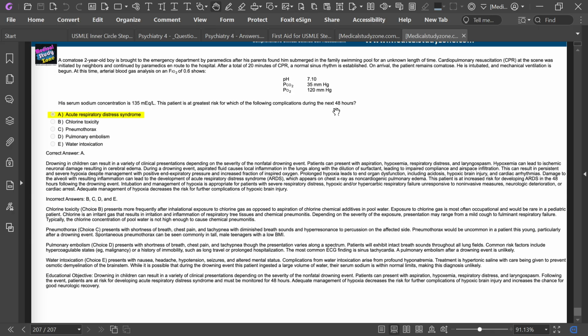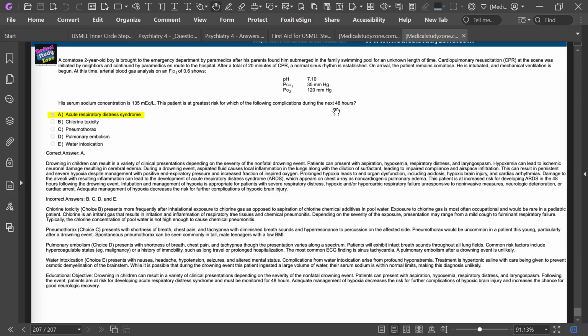Aspirated fluid causes local inflammation in the lung along with dilution of the surfactant, leading to impaired compliance and airspace infiltration. This can result in persistent and severe hypoxia despite management with positive end expiratory pressure and increased fraction of inspired oxygen.